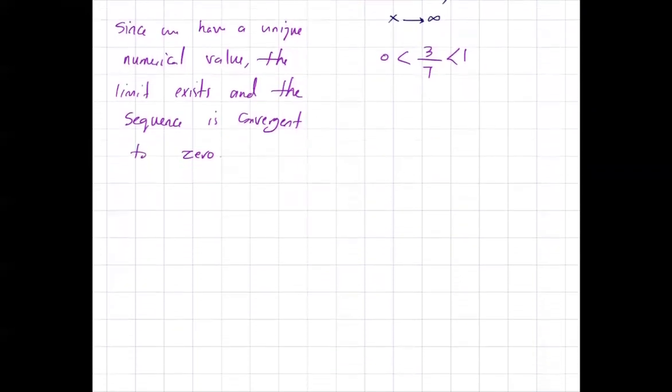The next sequence is a_n, which is equal to 3 times square root of n over square root of n plus 2. To find the limit of this sequence, equivalently, we find the limit of the function 3 square root of x divided by square root of x plus 2 as x goes to infinity.